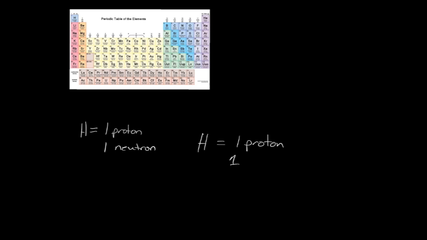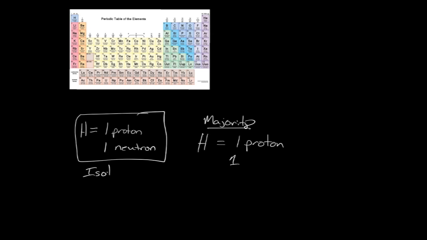What do we call an element that's not like the majority? No, we don't call it a minority. The element that's not like the majority of its fellows is called an isotope. So they're rarer. The isotope with 1 proton and 1 neutron does exist, but the majority of hydrogen has only 1 proton by itself.